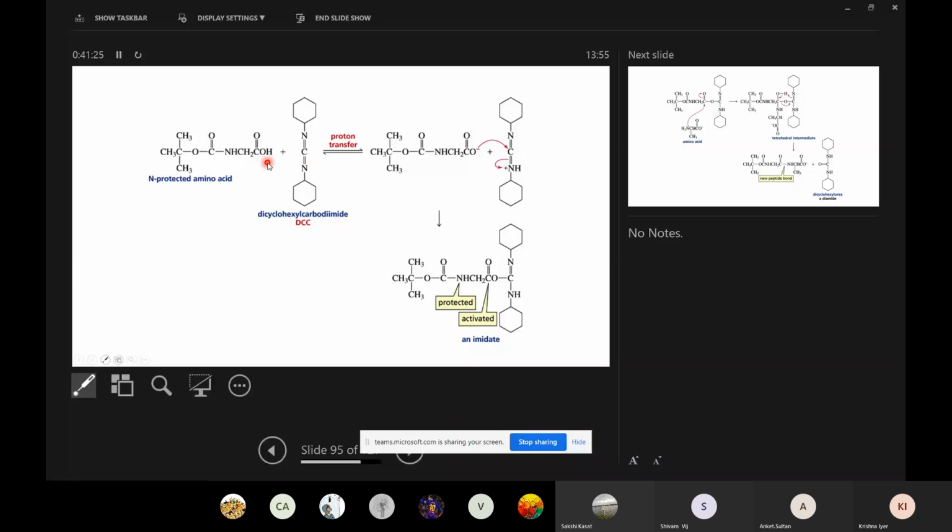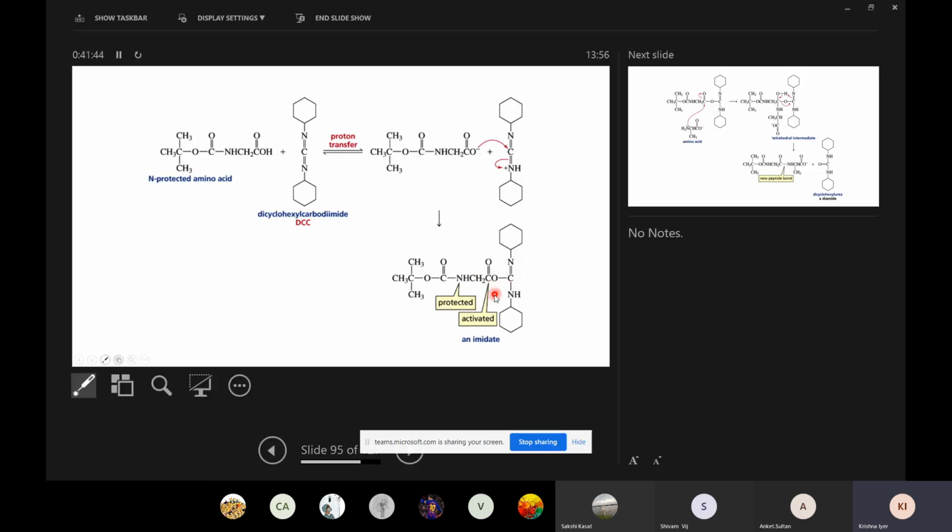So when I adjust the pH to be slightly basic, this carboxylic acid group will ionize. The CO minus will attack this carbon and will transfer this bond up here, which will pick up a proton. And by doing so, I activate this carboxyl group.